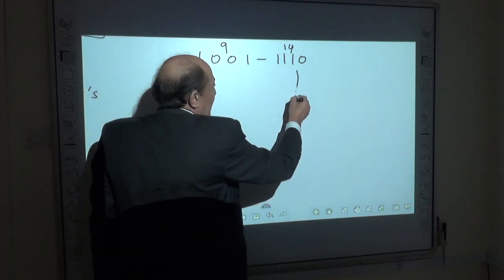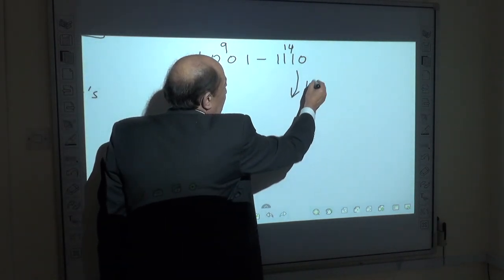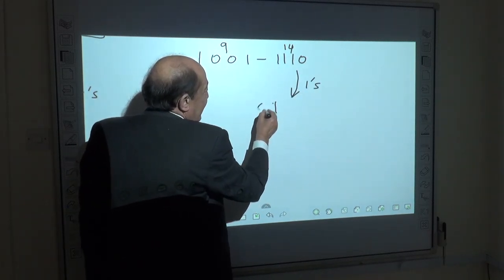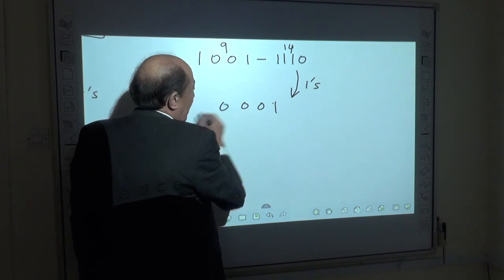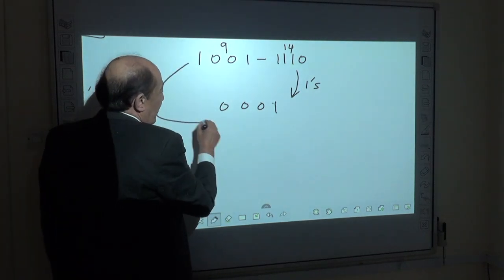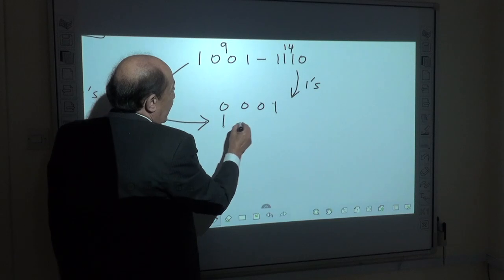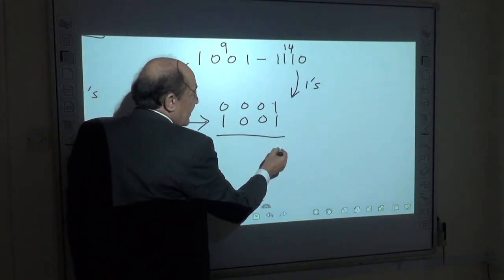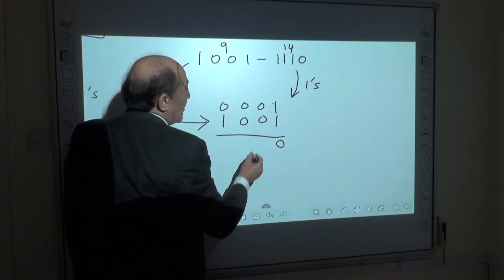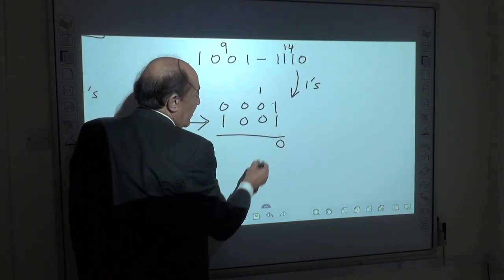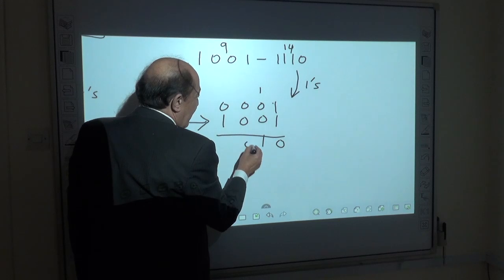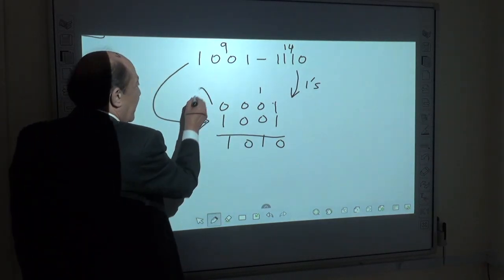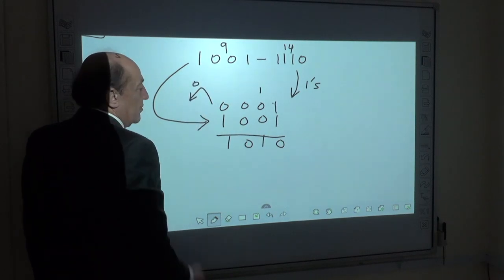We take 1's complement of this number, which is equal to 0001. We add it with this number, 1001, we get 1010. The end around carry is equal to 0.